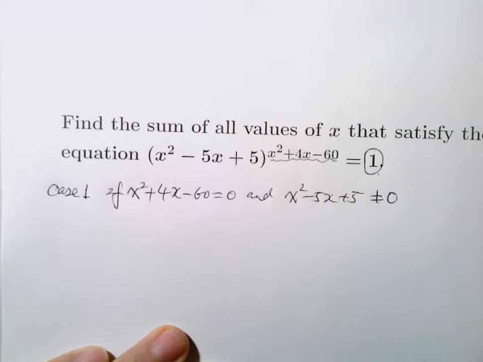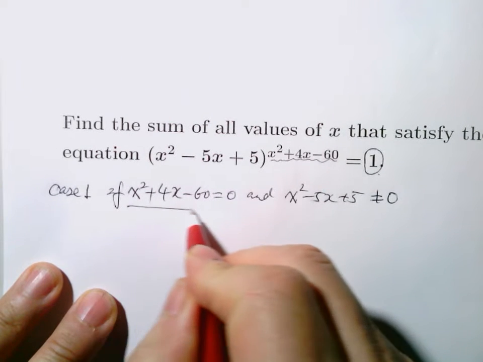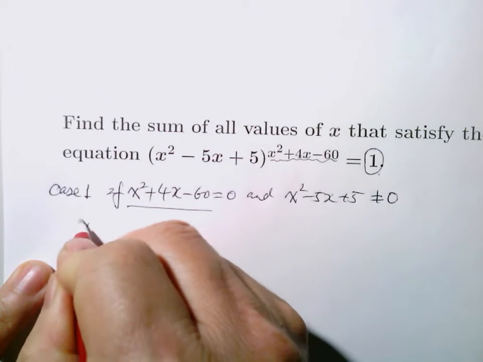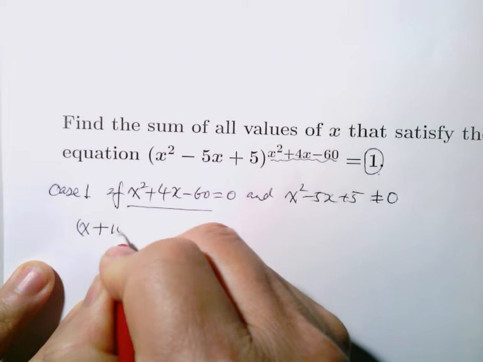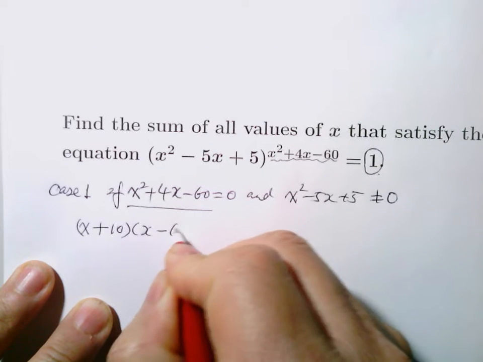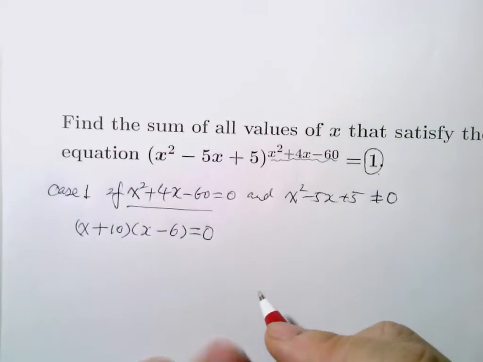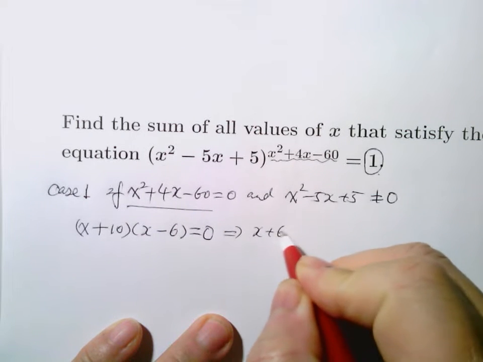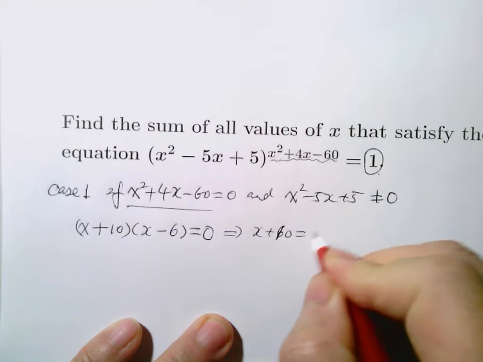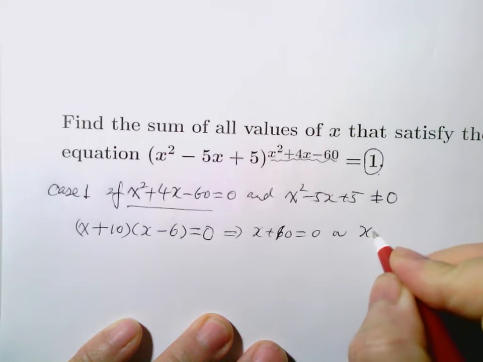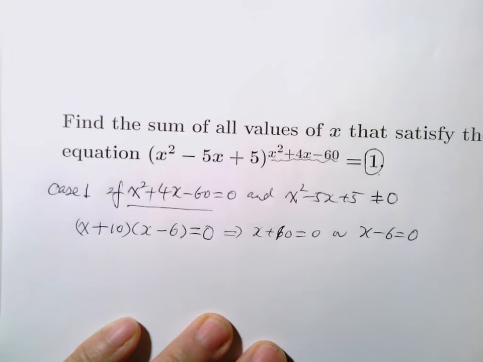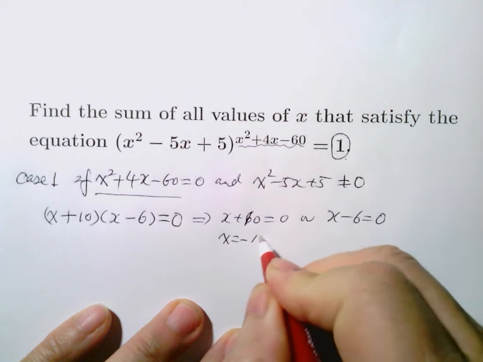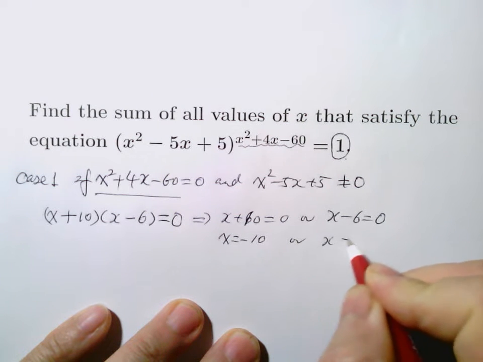So to solve the equation x squared plus 4x minus 60, let's factor this. x plus 10, x minus 6 equals 0, which leads to x plus 10 equals 0, or x minus 6 equals 0, which leads to x equals negative 10, or x equals 6.